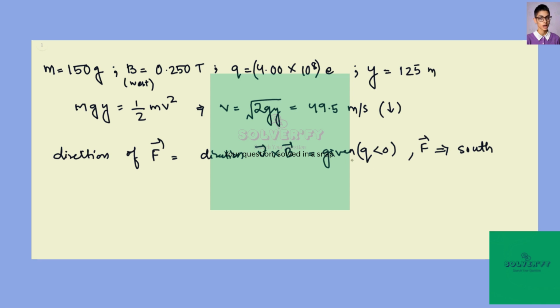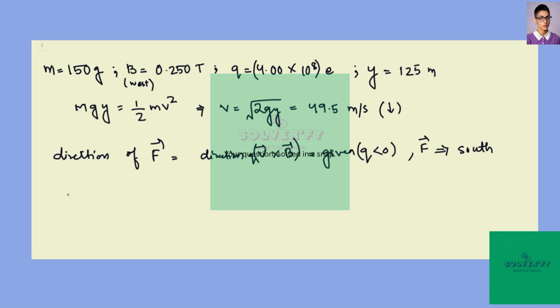Now, we know that here, since q is 4 times 10 to the power 8 times the charge of the electron, which is negative, force should point towards south. So this is q times v cross B, because it also depends on the sign of q.